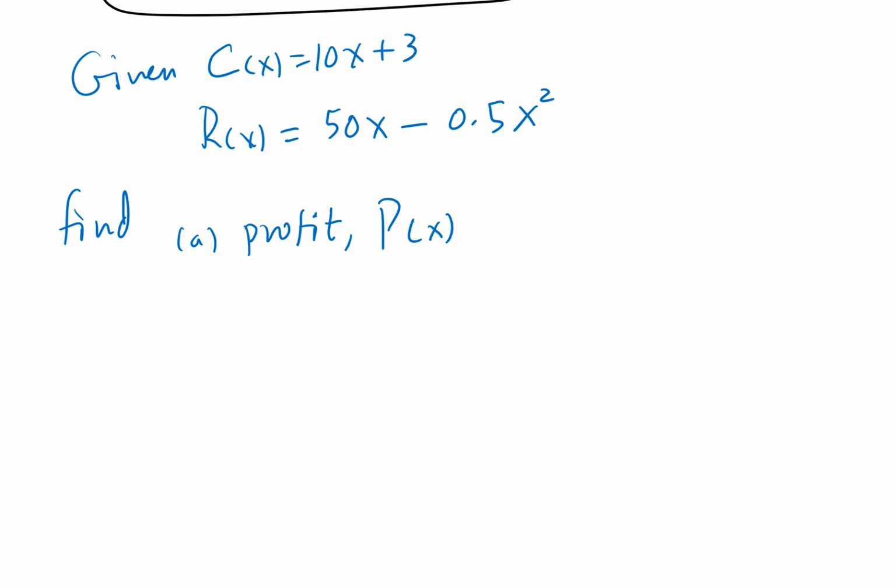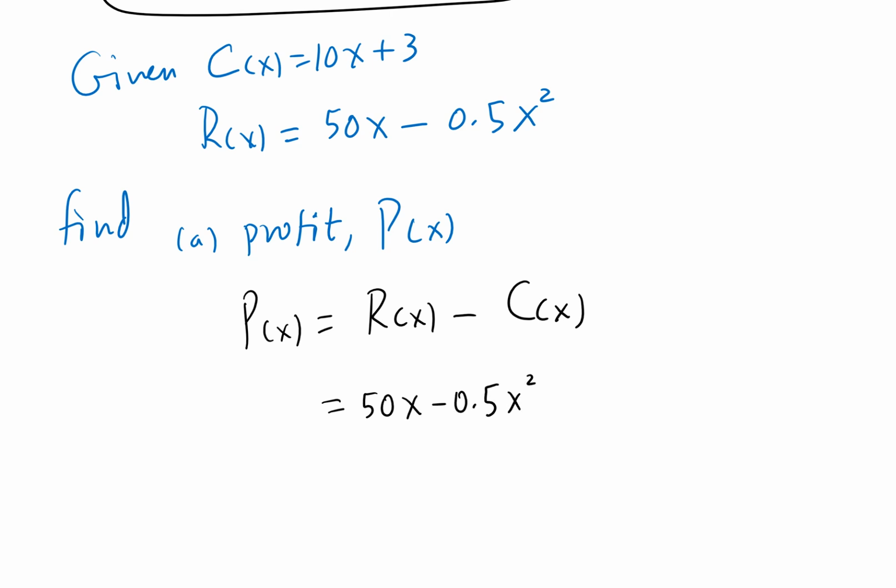So remember how we defined the profit in the previous section: it is the revenue minus the cost. The revenue here is 50x minus 0.5x squared minus, don't forget to open parentheses, the cost function, 10x plus 3.